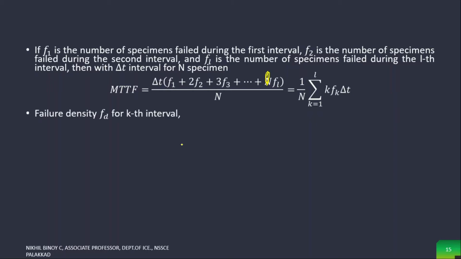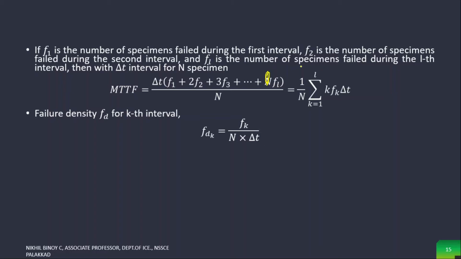The failure density for the kth interval is fdk equal to fk divided by N into delta t. For the kth interval, we can write fdk equal to fk divided by N into delta t.